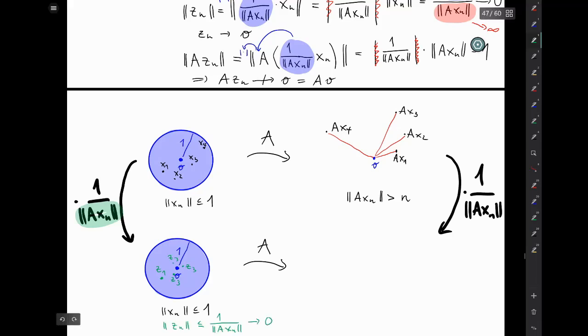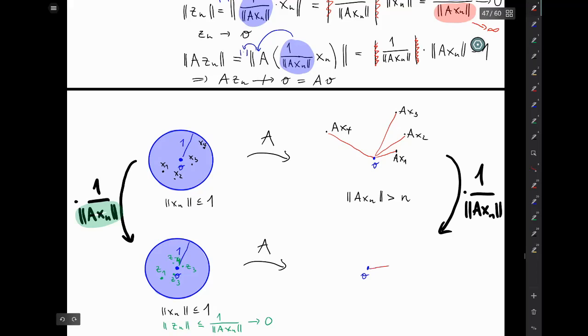So you can see this sequence indeed converging to 0, as we said before. This is z4, of course. But what is happening on the other side? Well, we also divide by the length of Axn for every n, but that makes all of these red lines the same length, which is length 1.